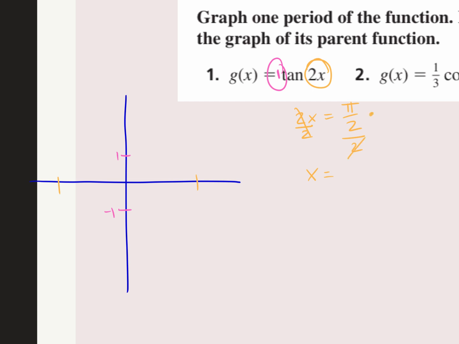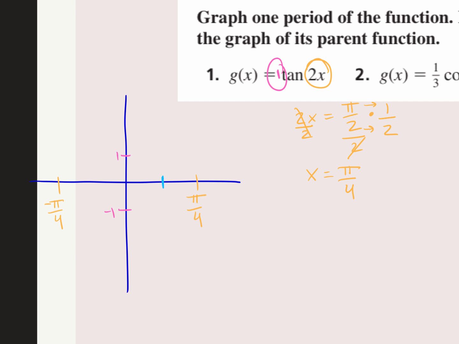I keep the top, change to multiplication, and flip it to 1/2. So how would I multiply here? Pi over 4, perfect. So my asymptote's at pi over 4, and what's the asymptote on the left going to be? Negative pi over 4, perfect.